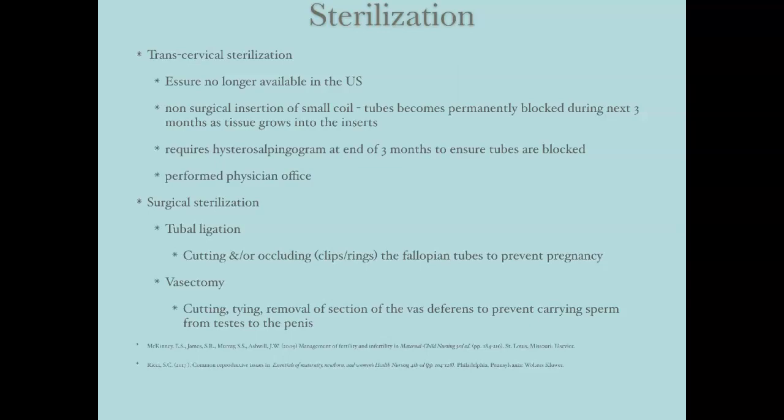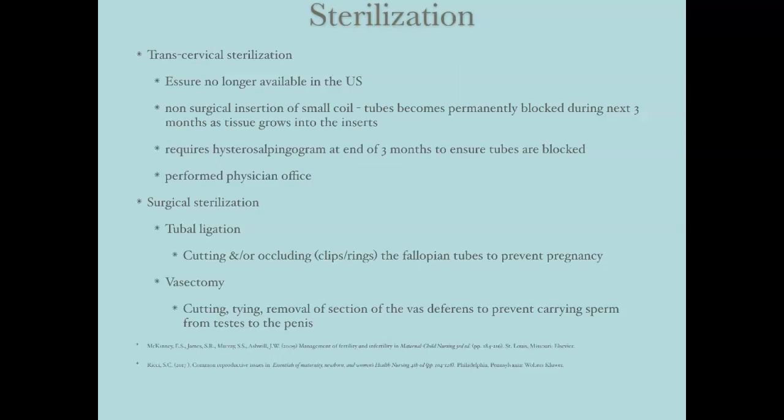So, other surgical sterilization in females: tubal ligation. This is usually cutting and/or occluding the fallopian tubes with either clips or rings to prevent pregnancy. Again, it doesn't affect their hormones, it just affects the ability of egg and sperm to meet.